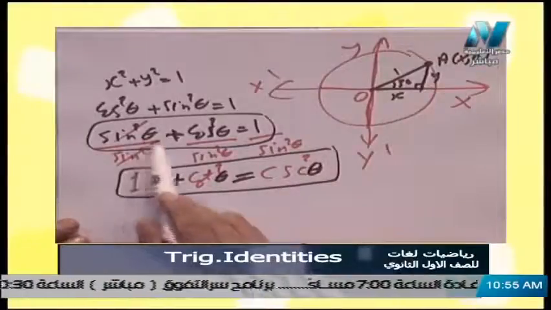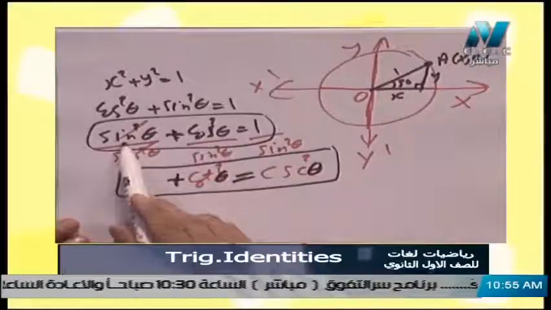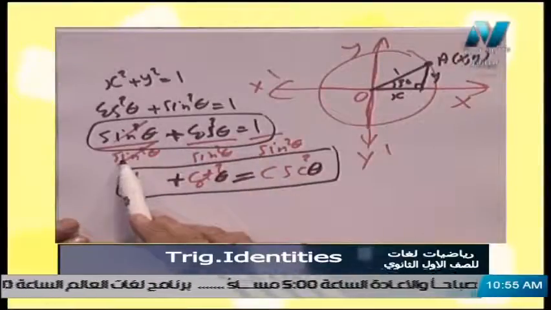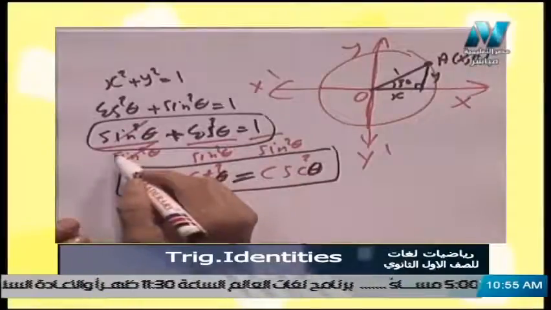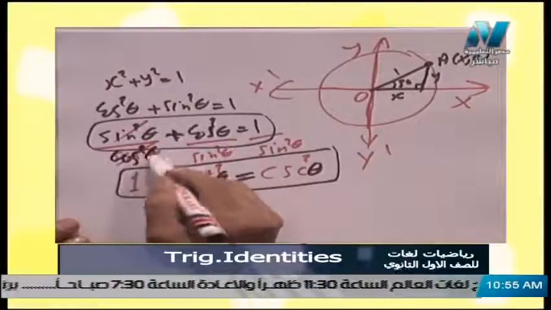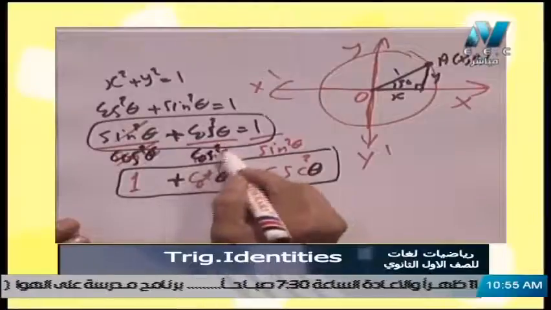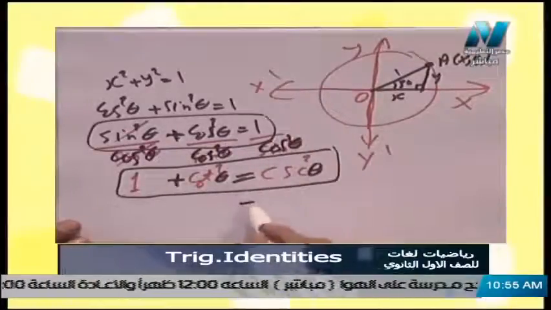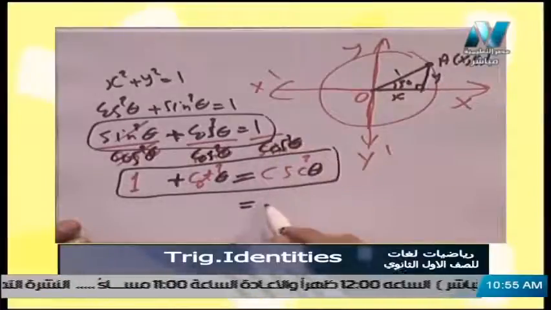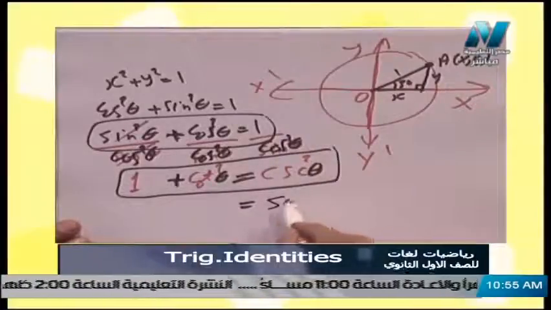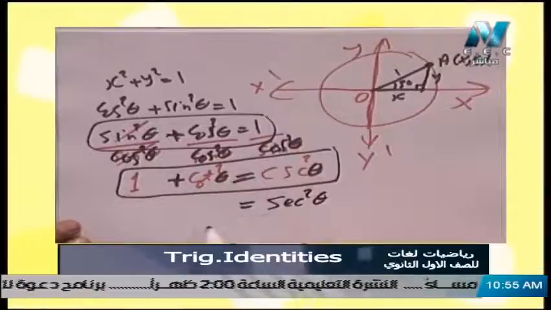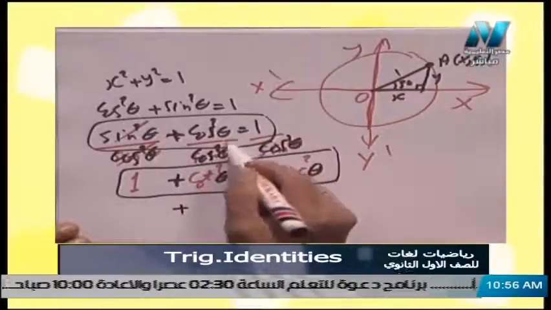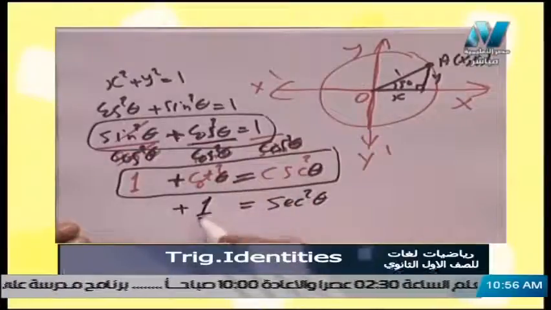Also, if we divide all parts of this identity by cosine power 2 theta, the answer will be 1 over cosine power 2 theta, of course, which will be sec power 2 theta. And cosine power 2 theta divided by cosine power 2 theta equals 1.